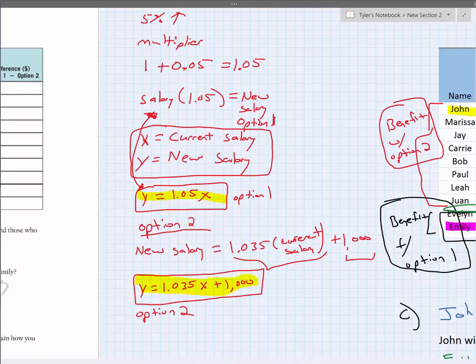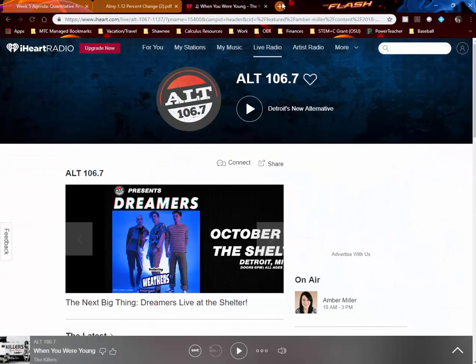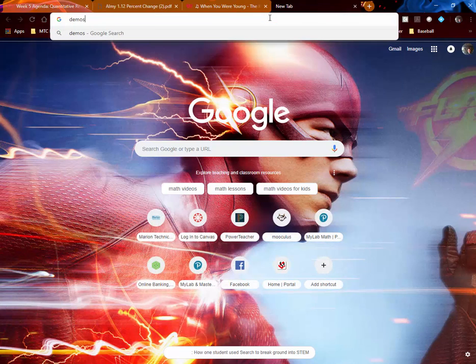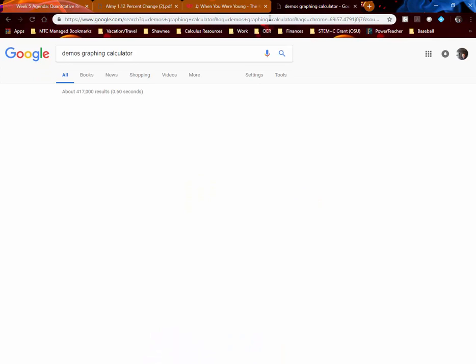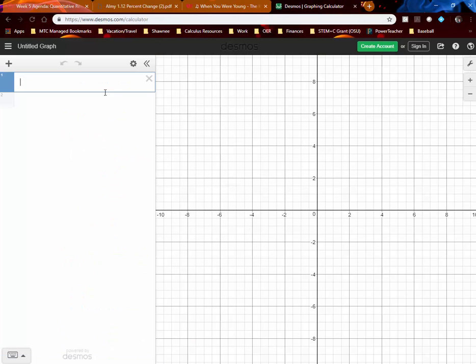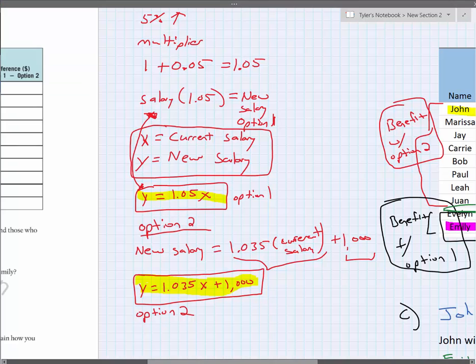So let me go to a website. I'm just going to go to the Desmos graphing calculator, a free website you can go to graph some functions. If you go back and look at the notes, we had 1.05x and this other equation.